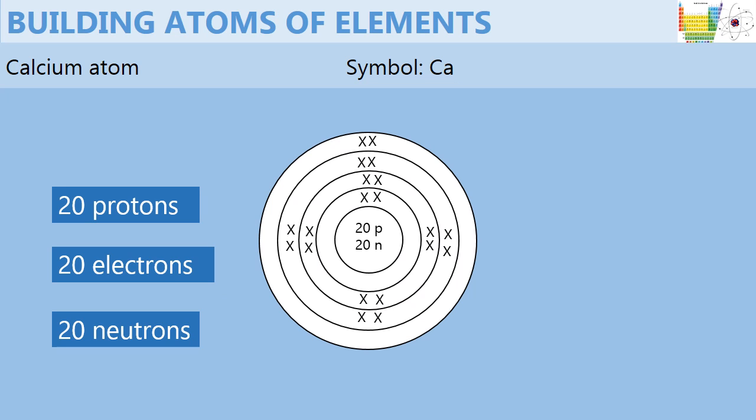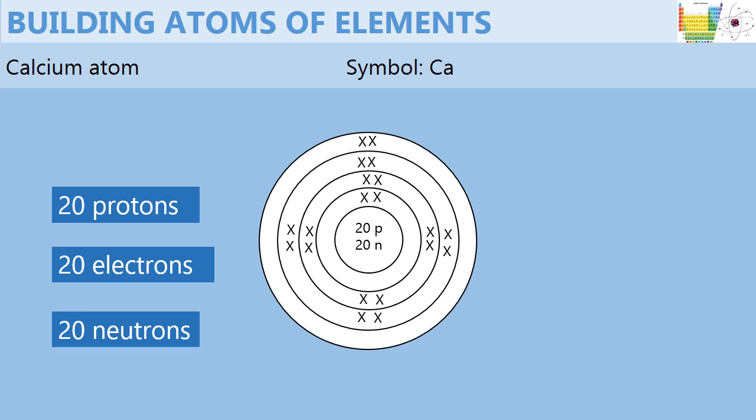In the nucleus, we write the contents of 20 protons and 20 neutrons. And then the first energy level contains a maximum of 2 electrons and none other. In the second energy level, we have 8 electrons, which we can count as 1, 2, 3, 4, 5, 6, 7, and 8.